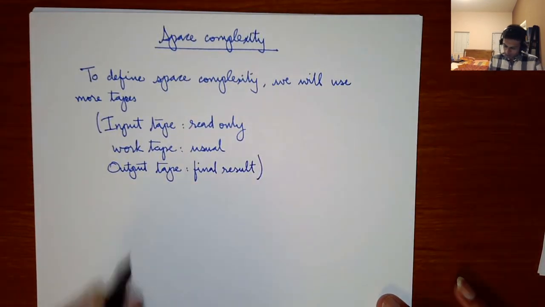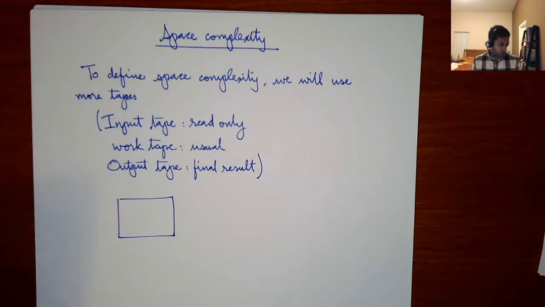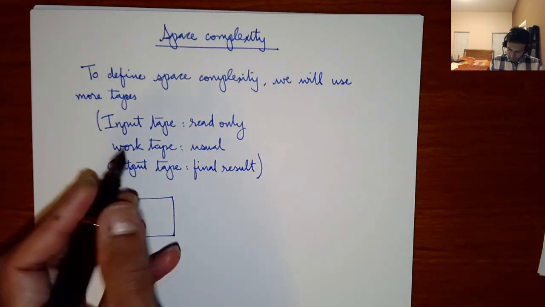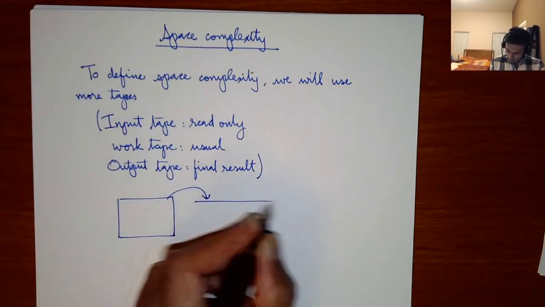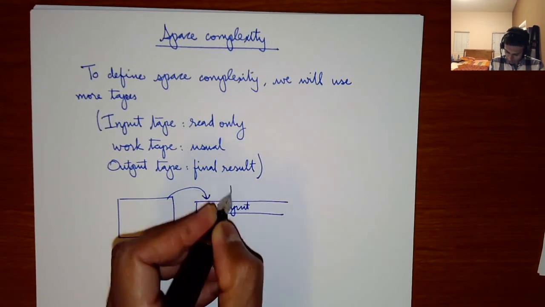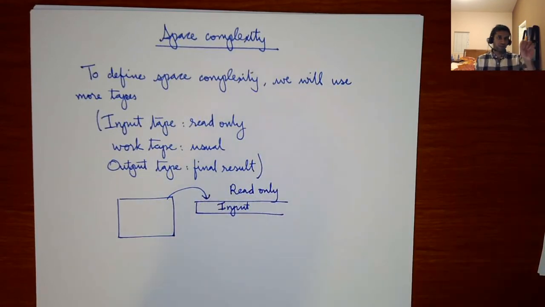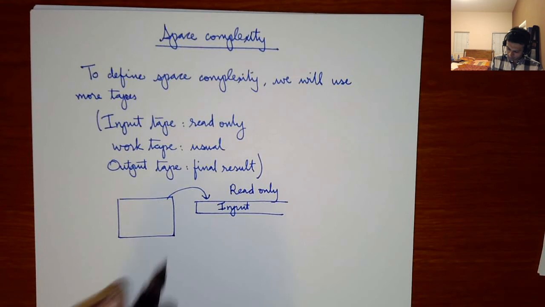Okay. So let's think of our Turing machine. And again, I'm not going to think of the output tape right now unless we really need it. So we have the input, and this is read-only. So the head can go back and forth and can read the input but cannot write anything there.